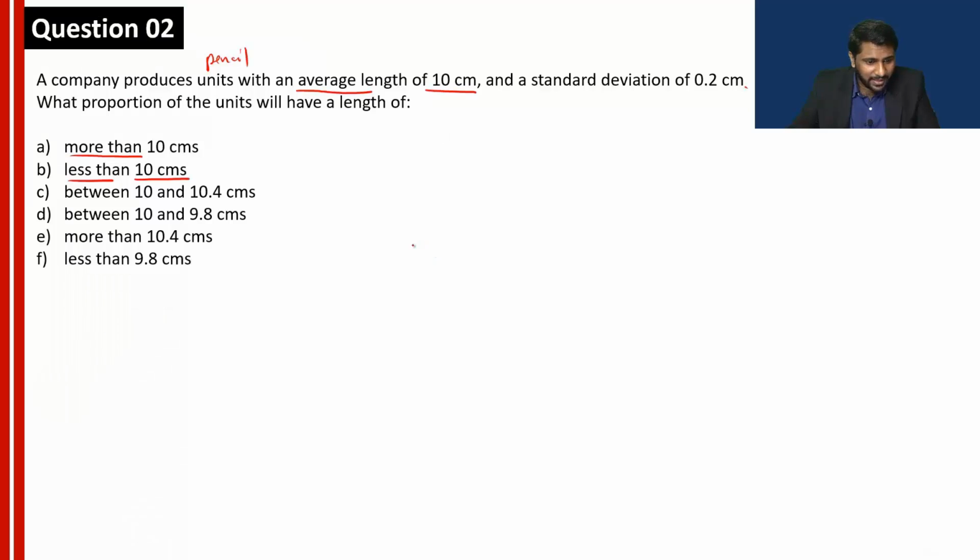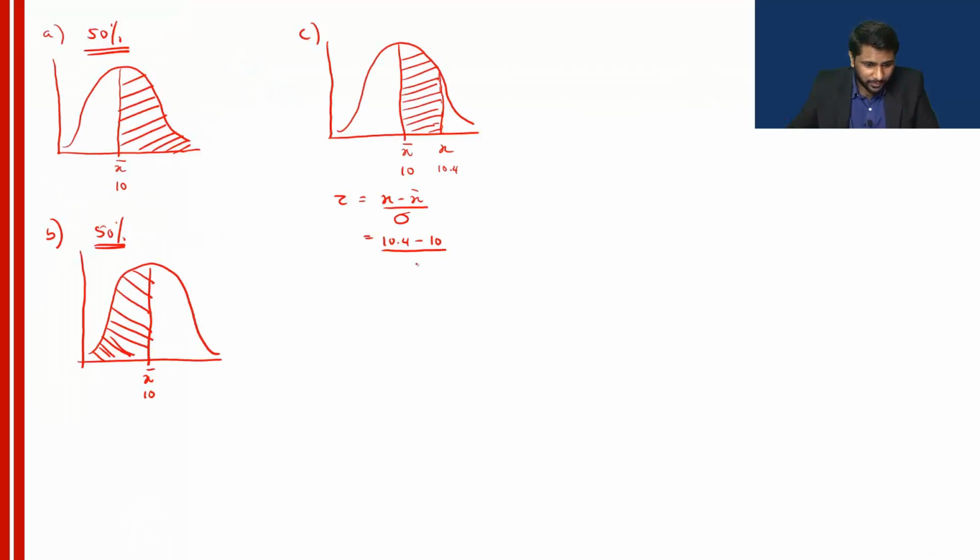And the standard deviation is 0.2. Then you get the z-score: 10.4 minus 10 divided by 0.2. You might say the z-score is 2, but you have to write it as 2.00.